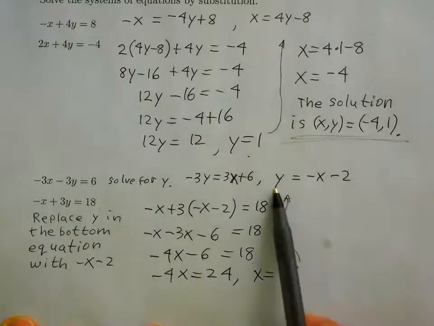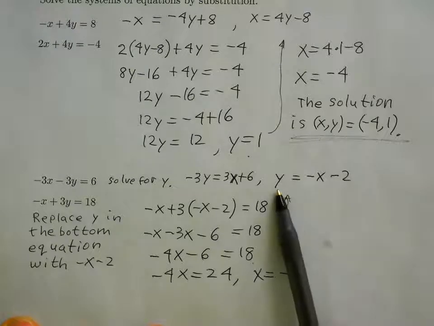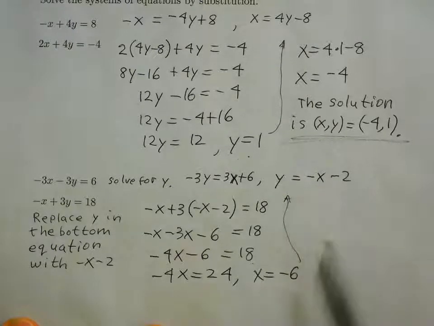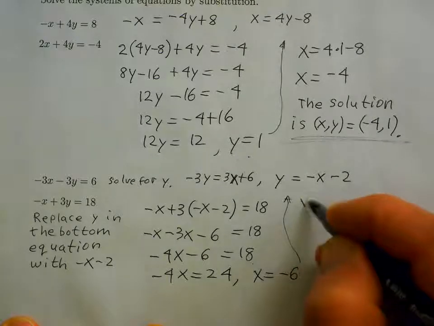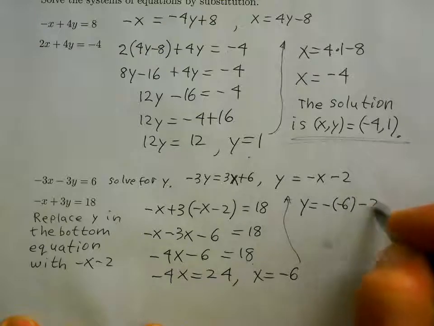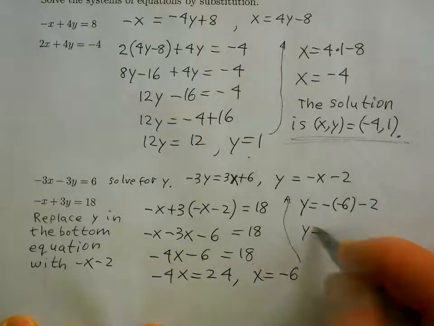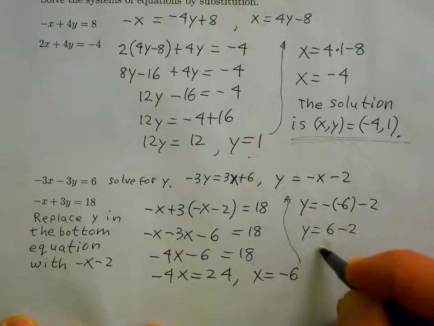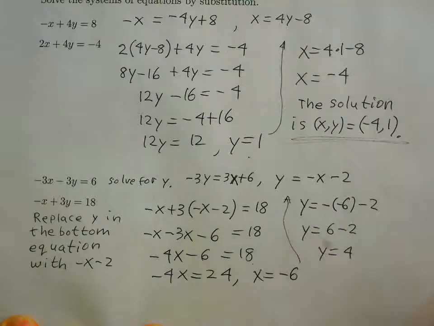To find the y-coordinate, we go back to this equation, and this time we're going to replace x with negative 6. So we get y equals the negative of negative 6 minus 2. The negative of negative 6 is positive 6, and 6 minus 2 is 4.